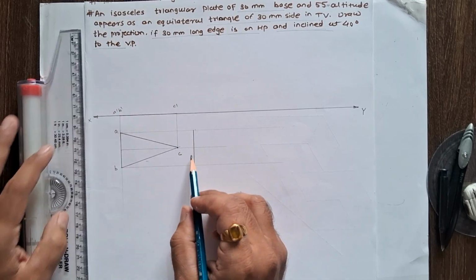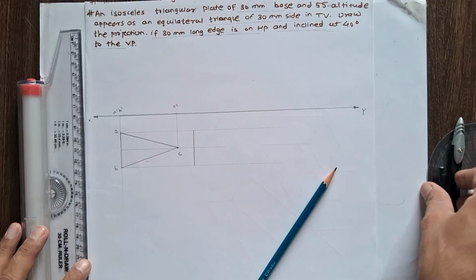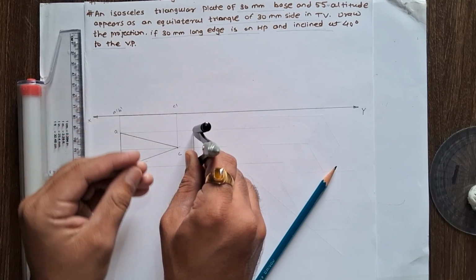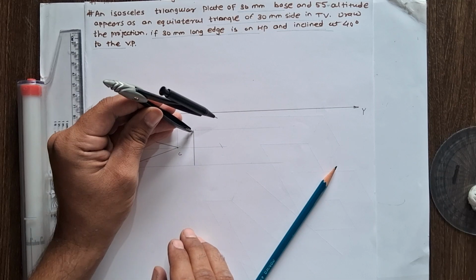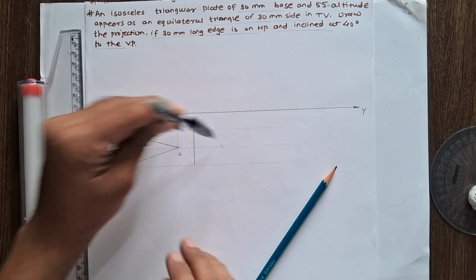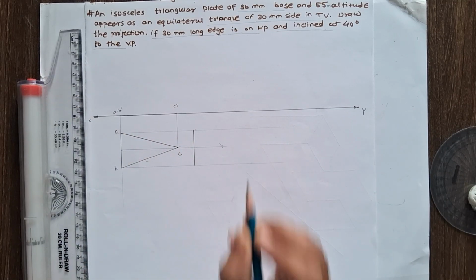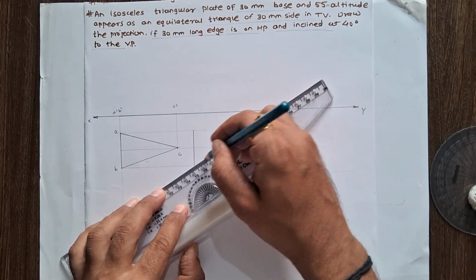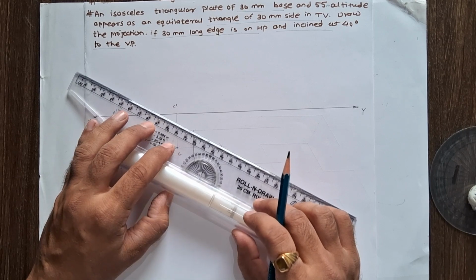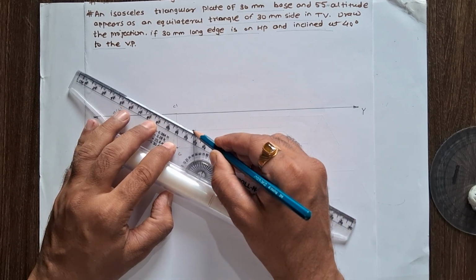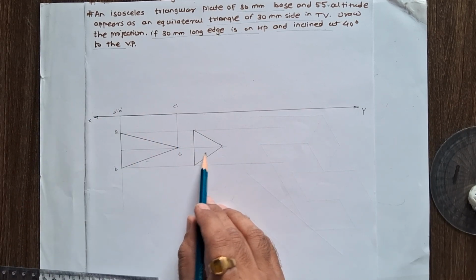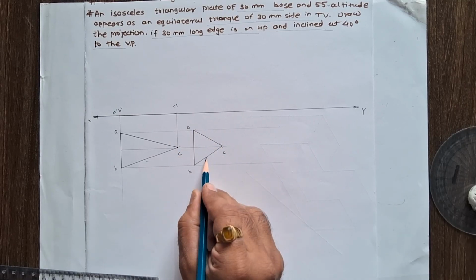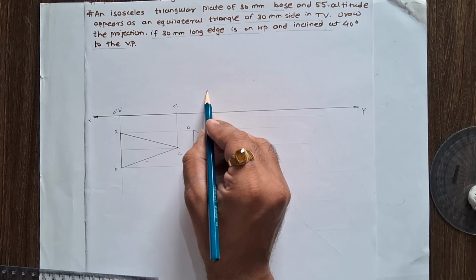So here the base is 30. Now take a compass and measure 30 distance and mark an arc. So here we get an equilateral triangle point, and if you join it, we get an equilateral triangle. Give the naming.